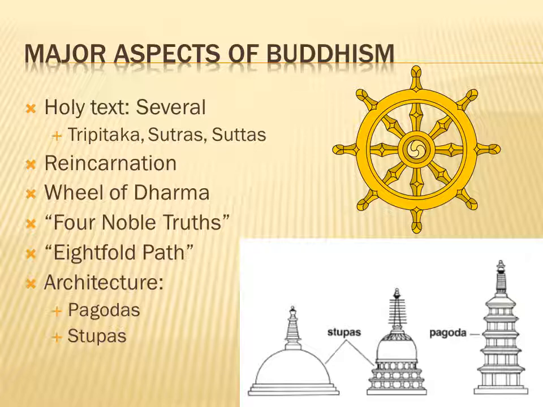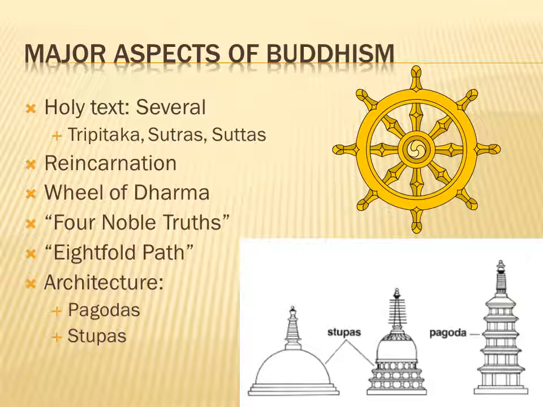As far as Buddhism is concerned, the wheel of Dharma is that. One thing I want to point out is that the wheel of Dharma has 8 spokes. You can see the 8 spokes of the wheel of Dharma there, and that corresponds with something we're going to mention in just a moment, which is the Eightfold Path.